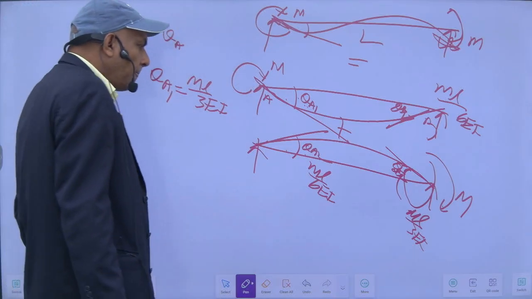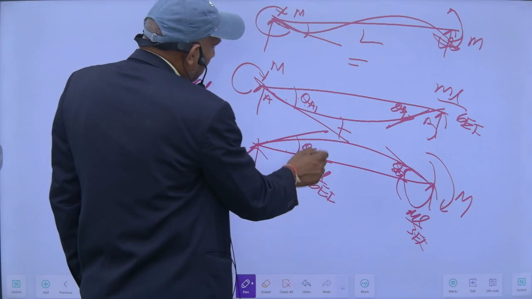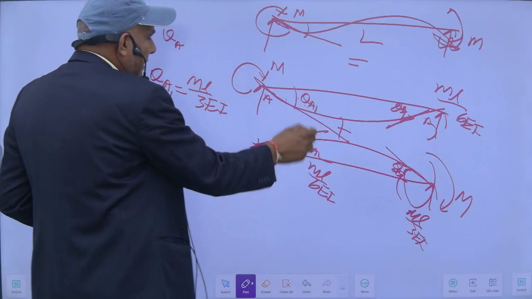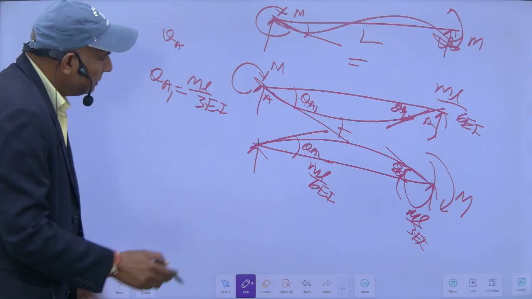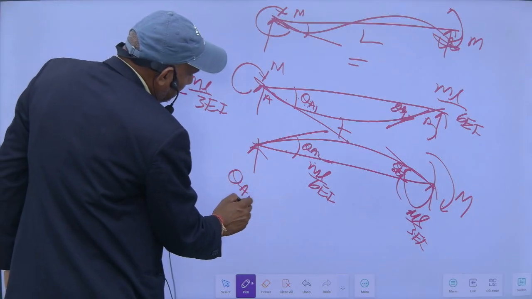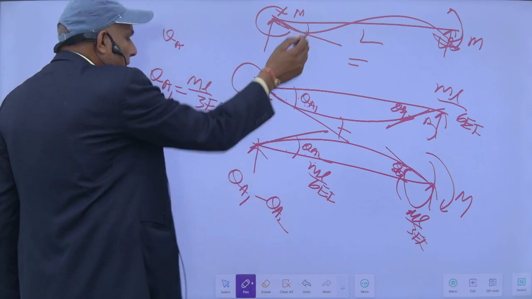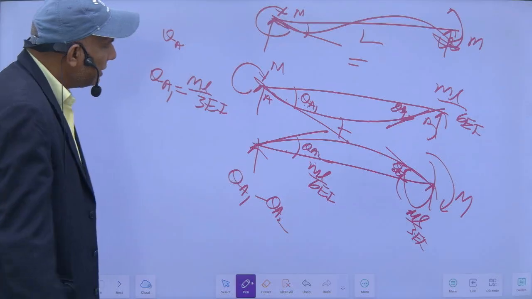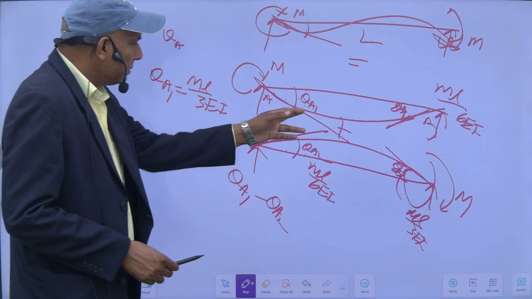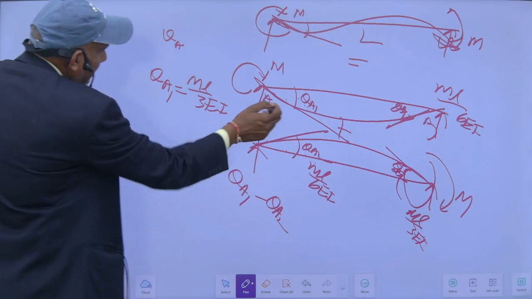So now theta A1 minus theta A2 will give the net rotation at this point. The directions of both are different.